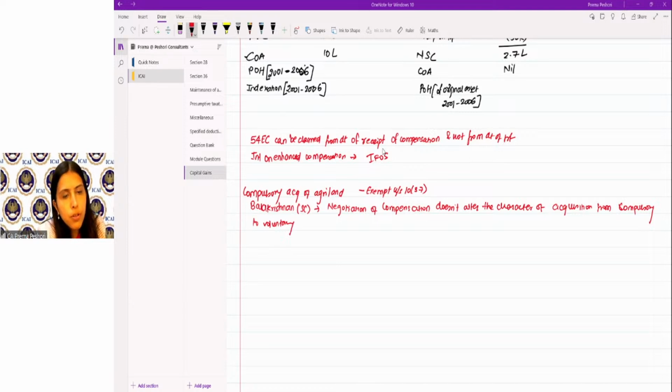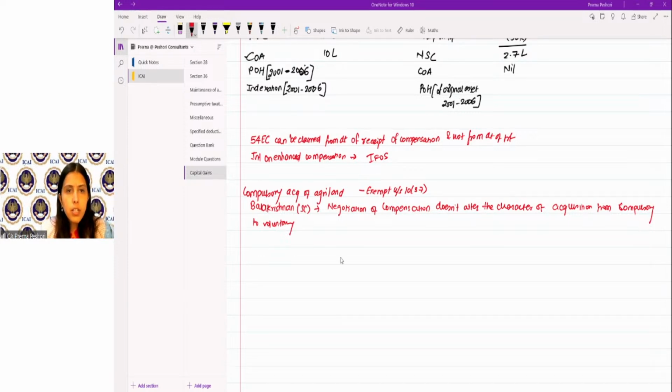Now, one more important thing over here in case of the compulsory acquisition. In case of the compulsory acquisition of the land, there is also a TDS provision, which is under section 194LA. Payment of compensation on acquisition of immovable property.